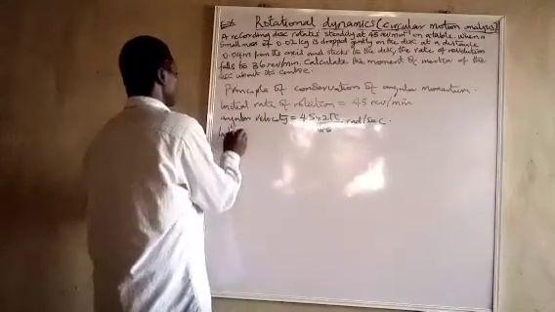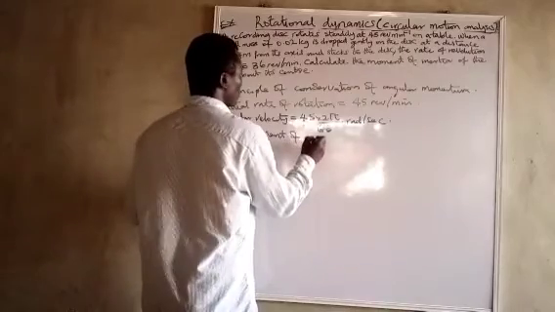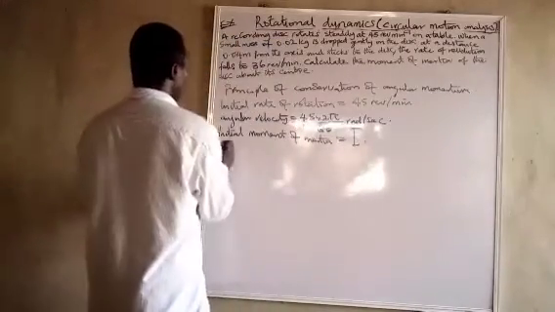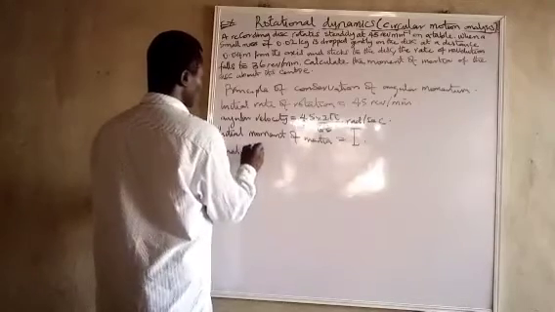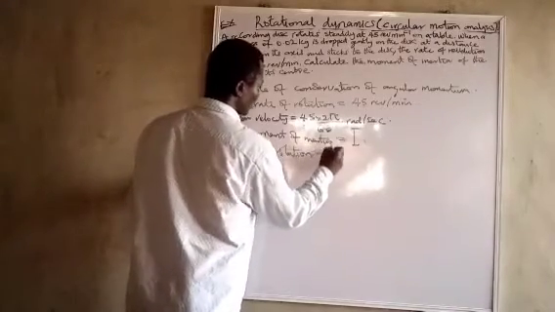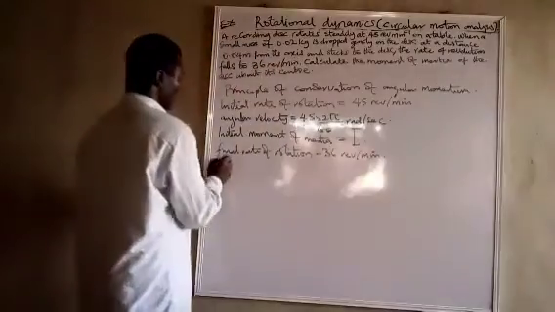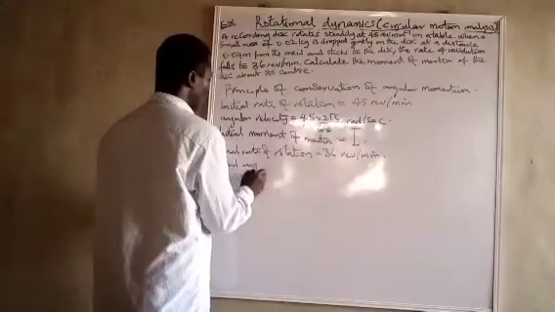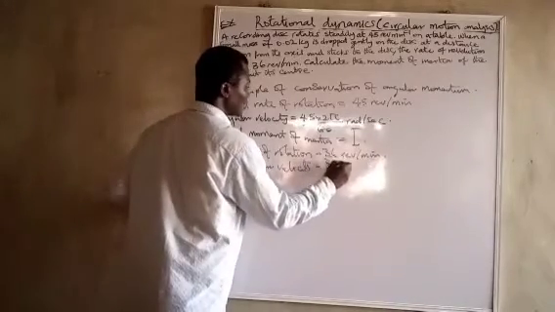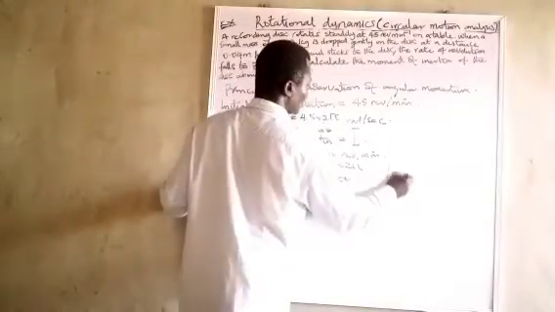Initial moment of inertia, let's call that one I. So final rate of rotation, we are told, is 36 revolutions per minute. Therefore, final angular velocity will be equal to 36 times 2 pi over 60 rad per second.